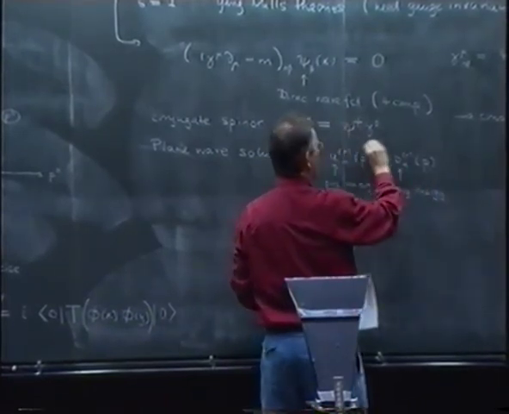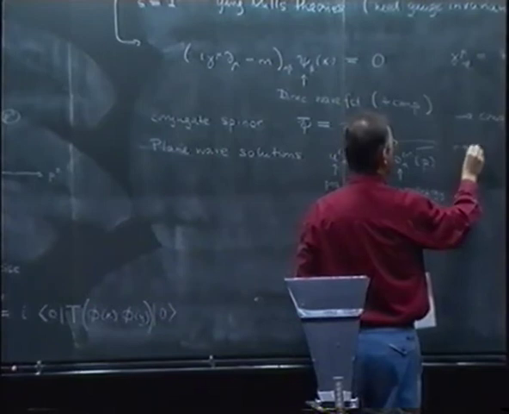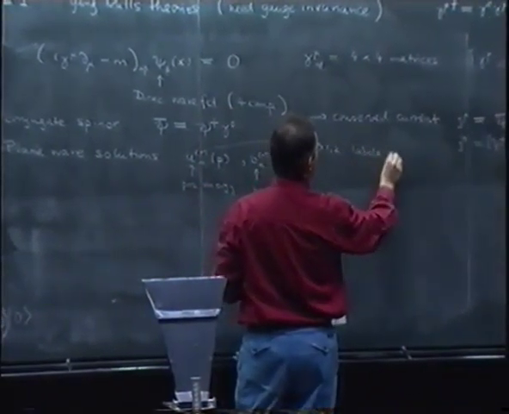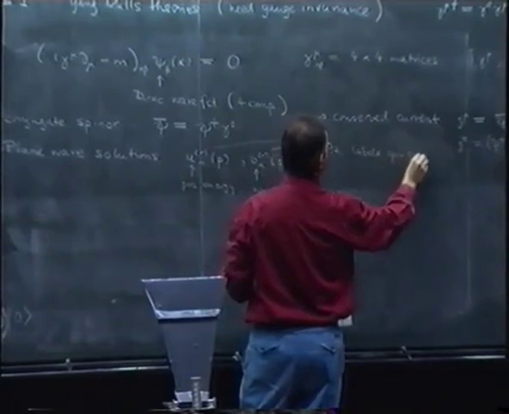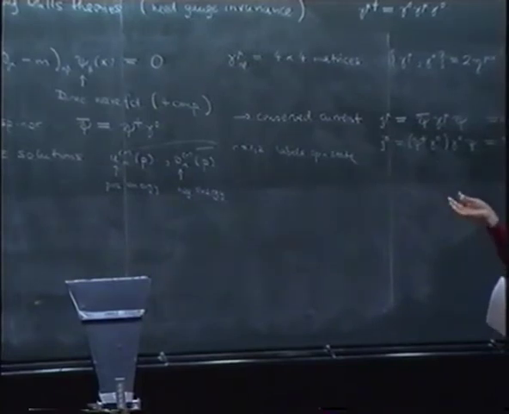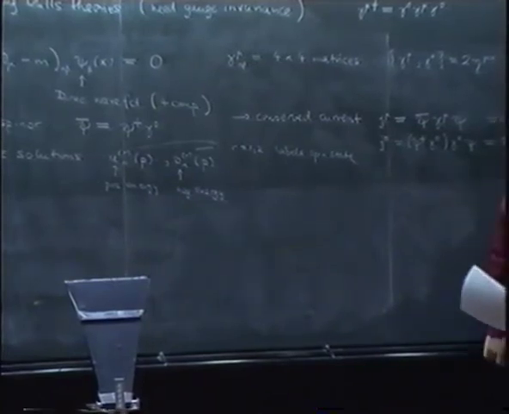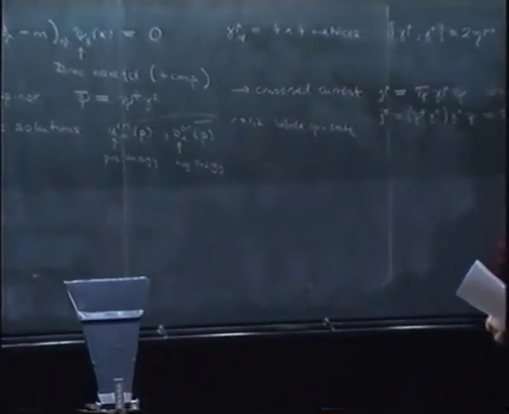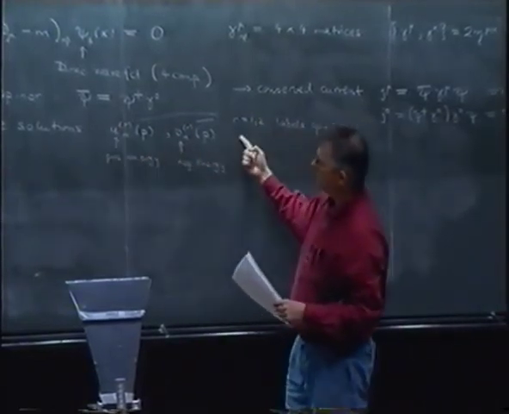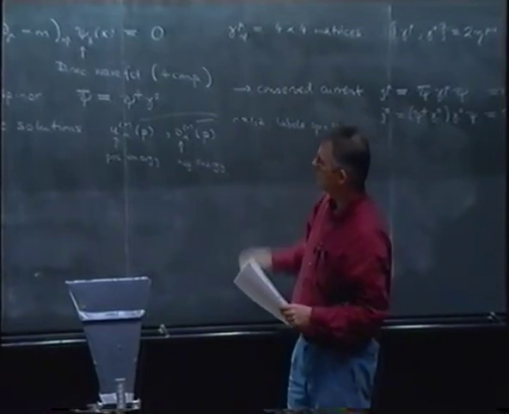The label r, which is 1 or 2, labels the spin state. To really see this, you would also have to introduce a spin projection operator, which I don't want to do here. I just want to mention that altogether we will have four solutions.